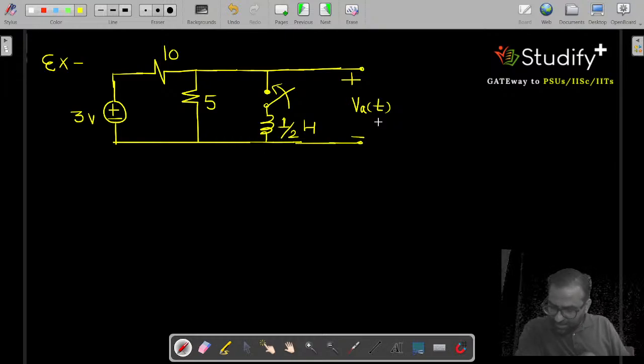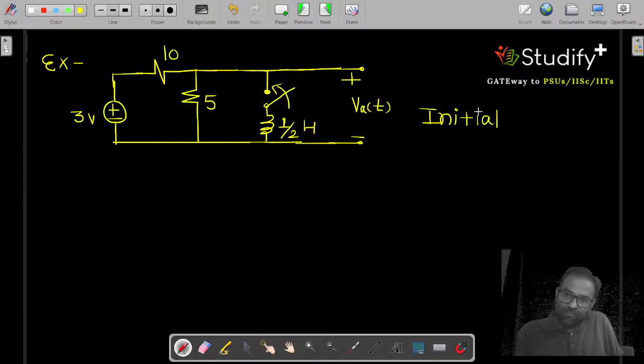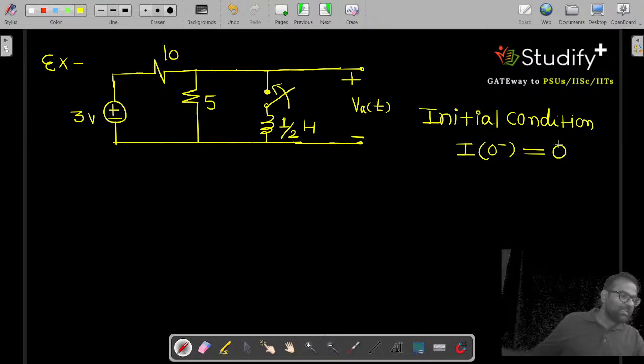And no initial condition is given for the inductor. So the initial condition for the inductor is I0 minus is 0. It is given that no current is stored inside the inductor. This is the whole story.